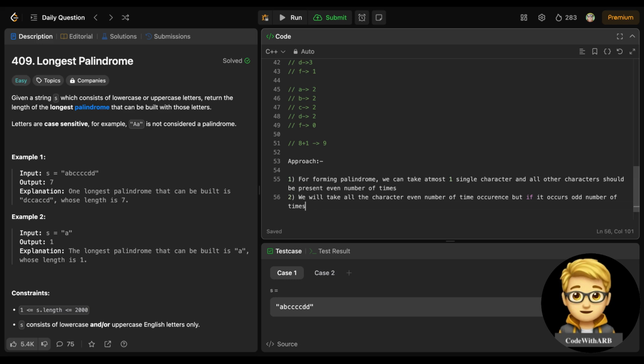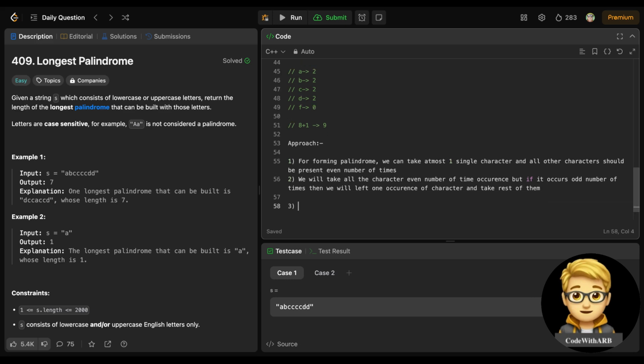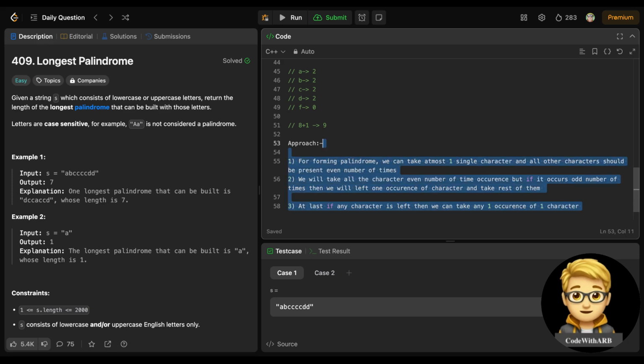Then we will leave out one occurrence of that character and take the rest of them, right? And at last, if any character is left after taking all even characters, then we can take any one occurrence of one character. Simple. So this is how we will solve this problem.